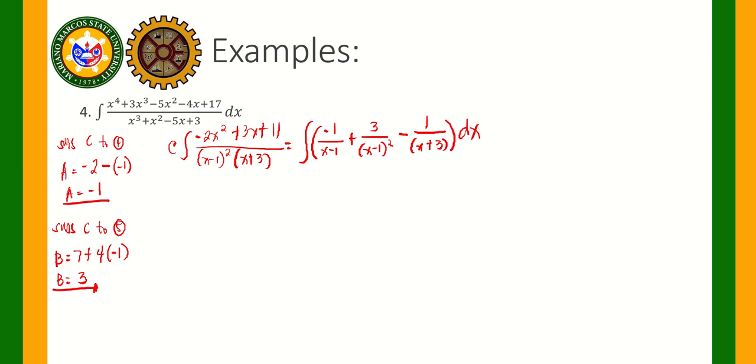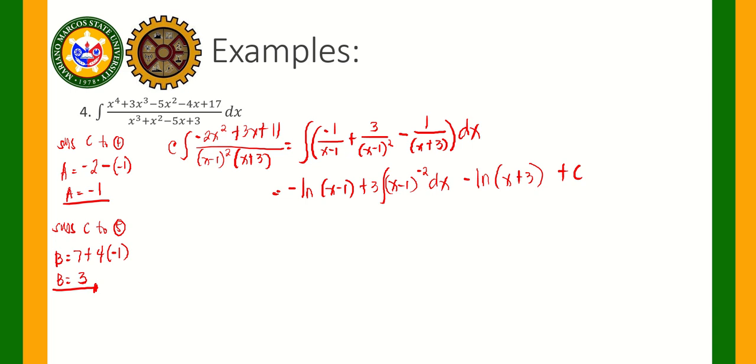And then dx. So this will be equal to negative ln of x minus 1. Tapos dito naman will be equal to plus 3, the integral of x minus 1 raised to negative 2 dx. And then for this one, negative ln of x plus 3.